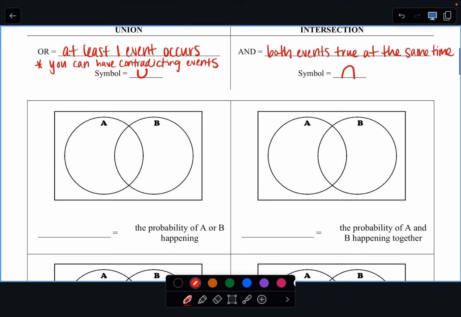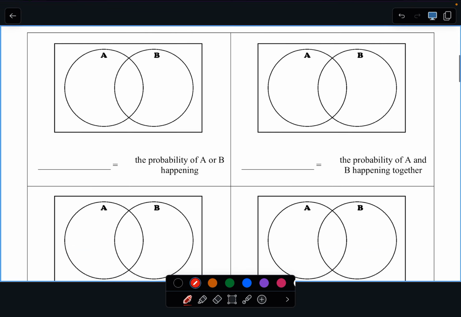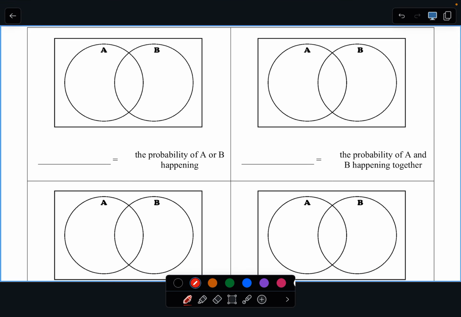Now, in the kind of events that we're going to do today, we're going to talk about if I were to set up my Venn diagram and if I were to fill in all these values, which we will, what areas am I looking at for each particular situation? So in the case of the probability of A or B, symbol-wise, probability of A or B, I'm going to take this piece by piece.